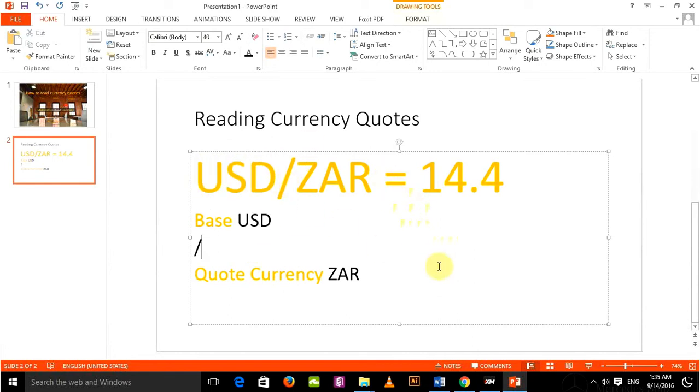So if this were, let's say, your euro CAD, in this instance the first one that comes before the slash is your base currency, and the second one is your quote currency. Now let's examine what this means. Currency pairs simply mean the following.